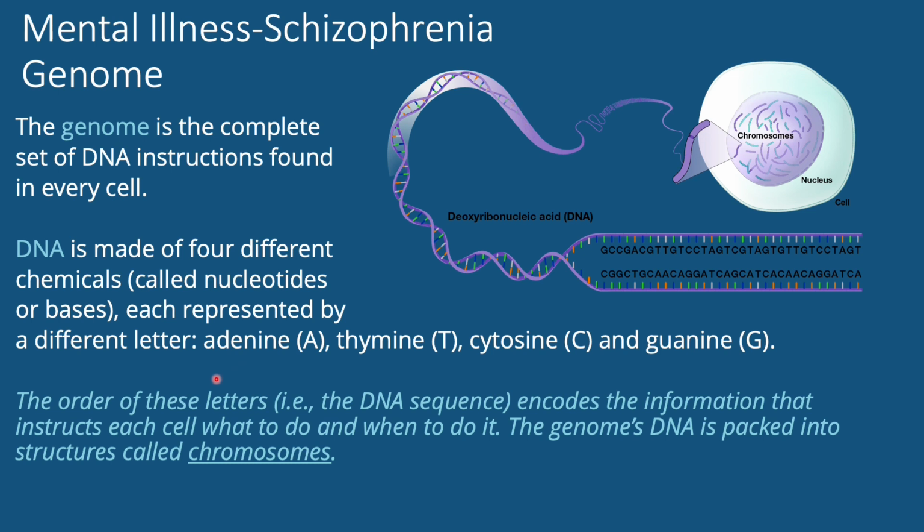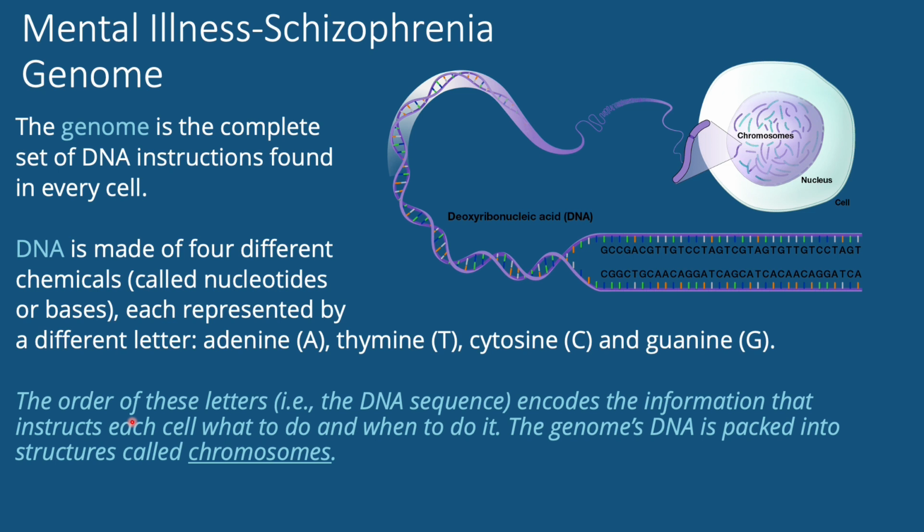Each of these nucleotides or bases are represented by a different letter. Adenine, A, thymine, T, cytosine, C, guanine, G. You can see them here. They compose the DNA. The DNA is compacted into the chromosomes inside the nucleus of the cell.